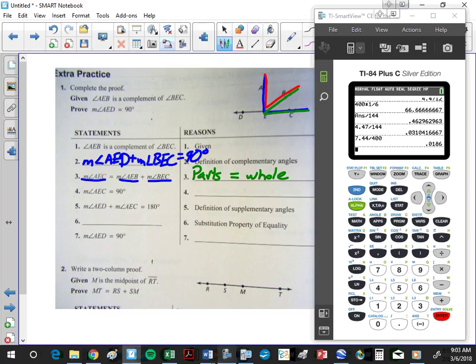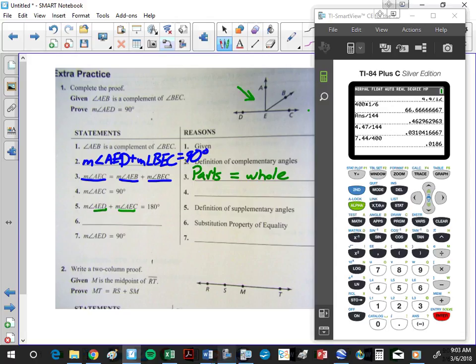All right, now I know that AED plus AEC equals 180. How do I know that? Ooh, you have to be careful. We're trying to prove that this is 90, so we can't use that.